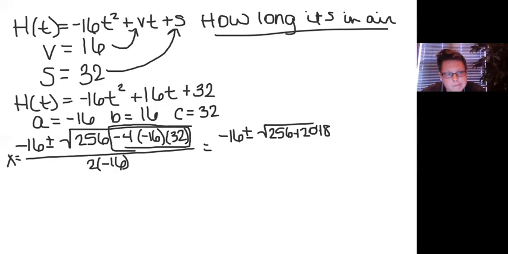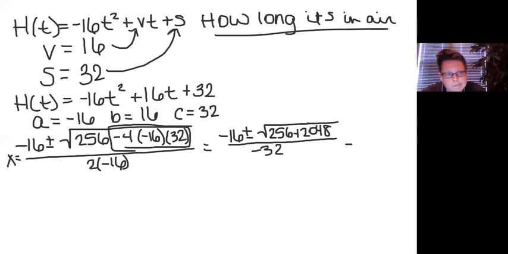When I do this, I like to keep everything in my calculator as long as I can before I have to exit it out. And that's going to be over negative 32. With all of these problems, your denominator will always be negative 32 because your A is always negative 16. So that's a nice little thing to think about.